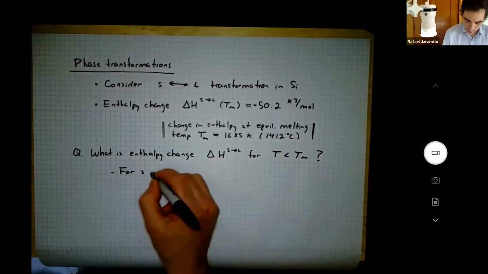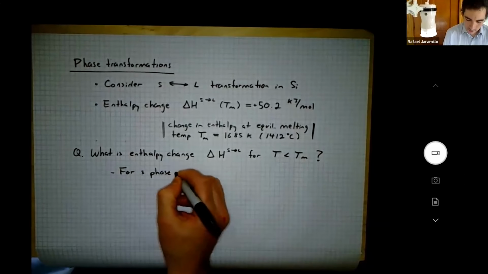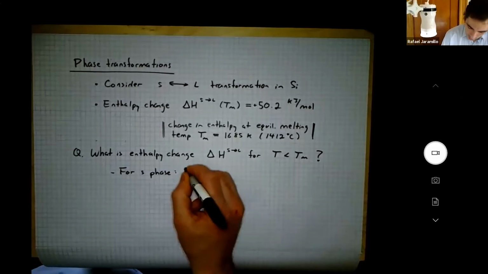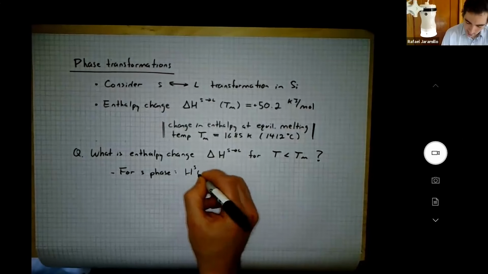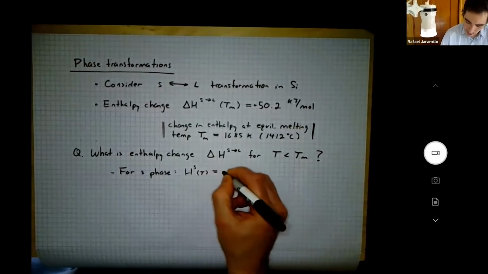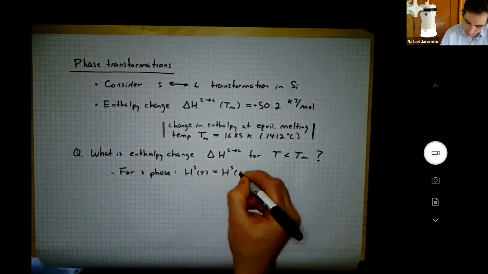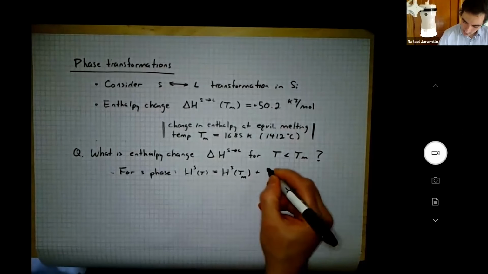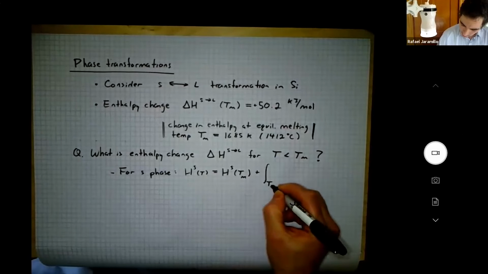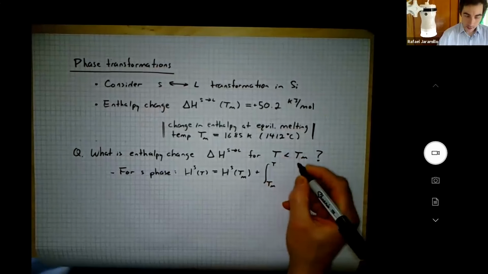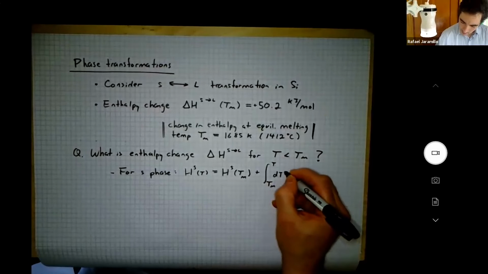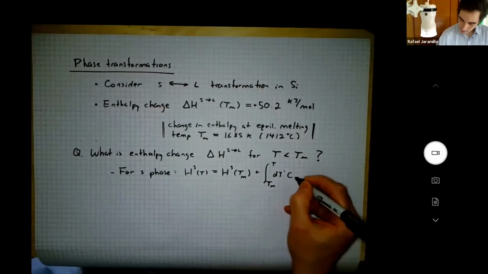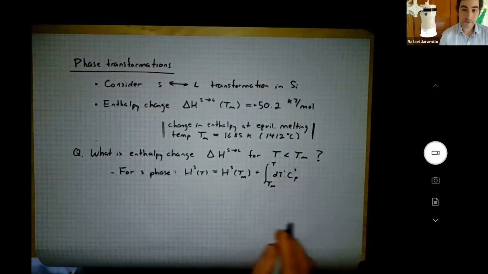For the solid phase, the enthalpy of the solid at temperature T equals the enthalpy of the solid at the melting temperature, this is just what we did about 25 minutes ago, plus the integral from T melting to T, dT prime, heat capacity of the solid phase.